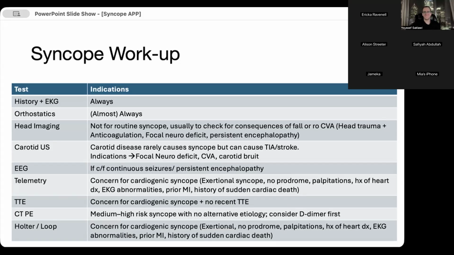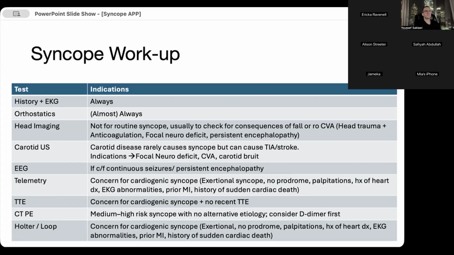Erica, I have a question about the echo, because one of the tests that I frequently order on Team W is for these elderly demented patients that come in after a ground level fall. You can't really get a history. It might have been an unwitnessed fall, where someone didn't observe them to trip or something like that.